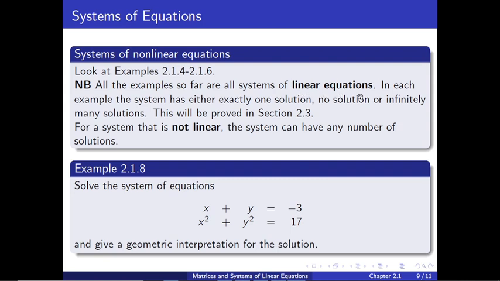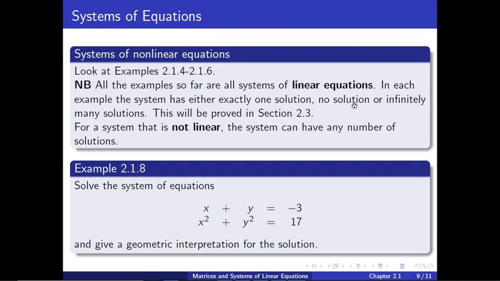We haven't defined what linear equations are. We'll look at that in the following sections. But the three that we have looked at so far are systems of linear equations, and we have seen that either you have one solution, or you have no solution, or you have infinitely many solutions.